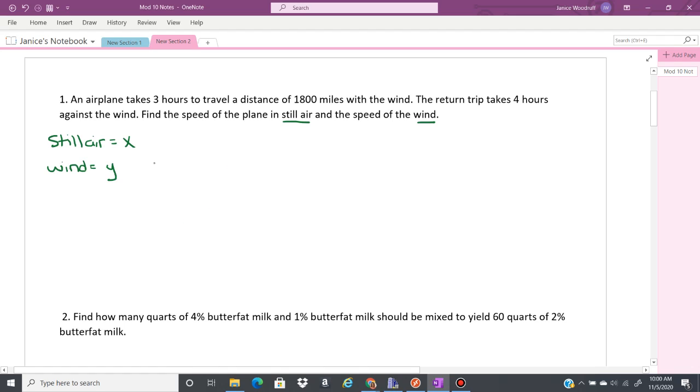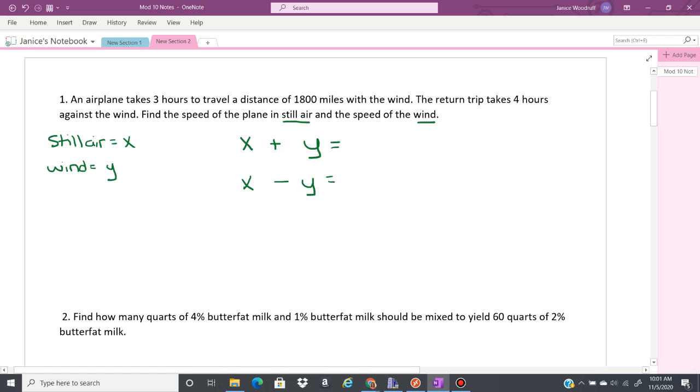Okay, so if I'm going with the wind, then I have still air plus wind. And if I'm going against the wind, I'm fighting it, so I have still air minus the wind. So these are going to be the first part of my two equations.